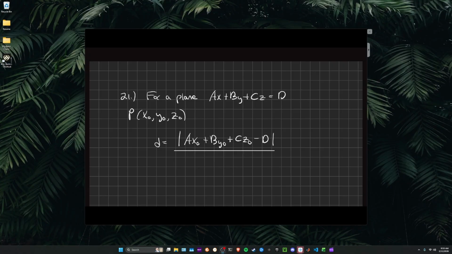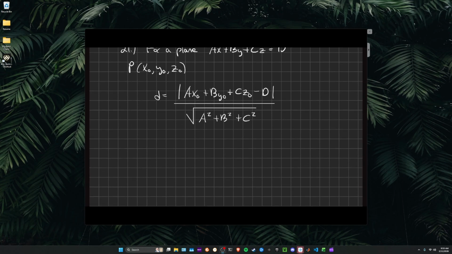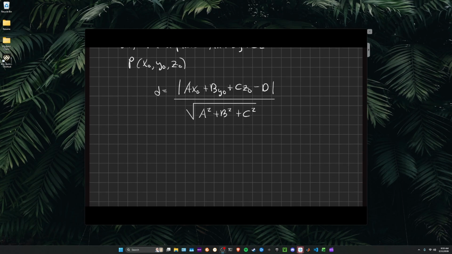And then we divide this by essentially the norm of all those initial points. So this would be the square root of a squared plus b squared plus c squared.